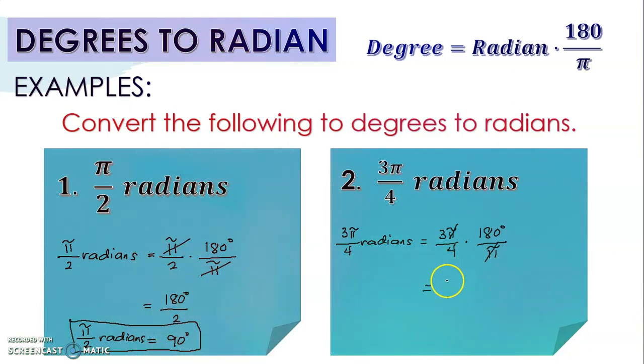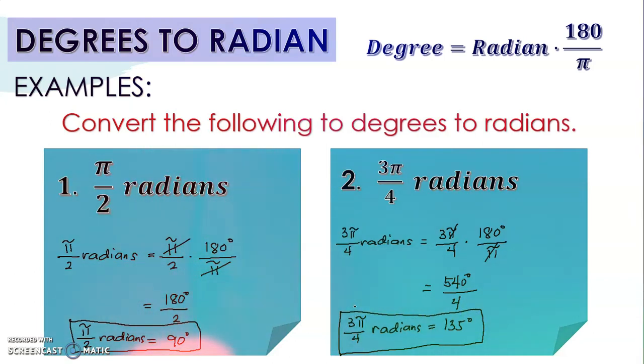So most likely that would be 540 degrees divided by 4. 540 degrees divided by 4, that would be 135 degrees. So meaning 3 pi over 4 radians is equal to 135 degrees. And box your final answer.